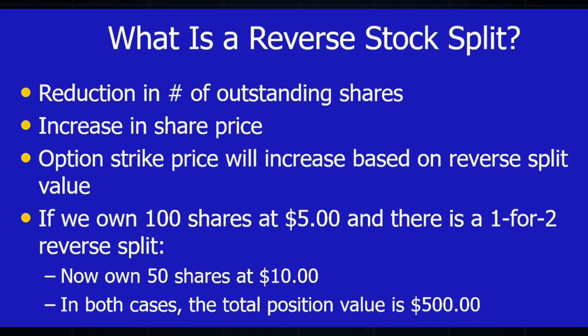Let's say for a moment we own 100 shares of stock at $5 a share, and let's say there's a 1-for-2 reverse stock split. Well, instead of owning 100 shares, you will now own 50 shares. But instead of the price of the underlying being $5, it is now $10.